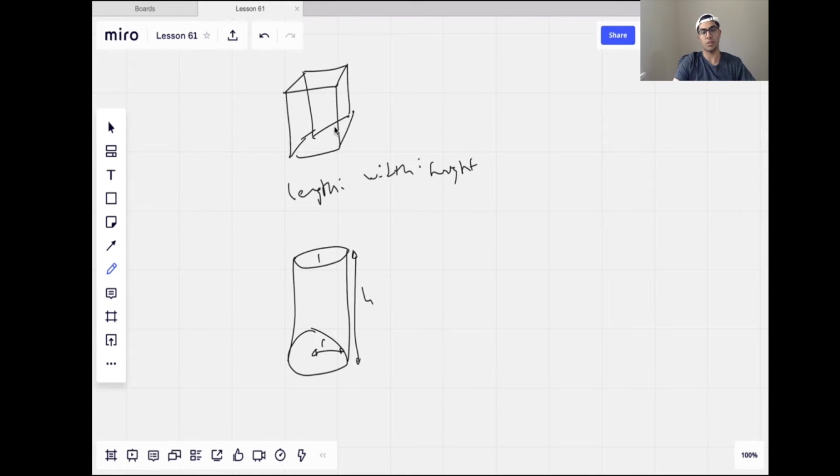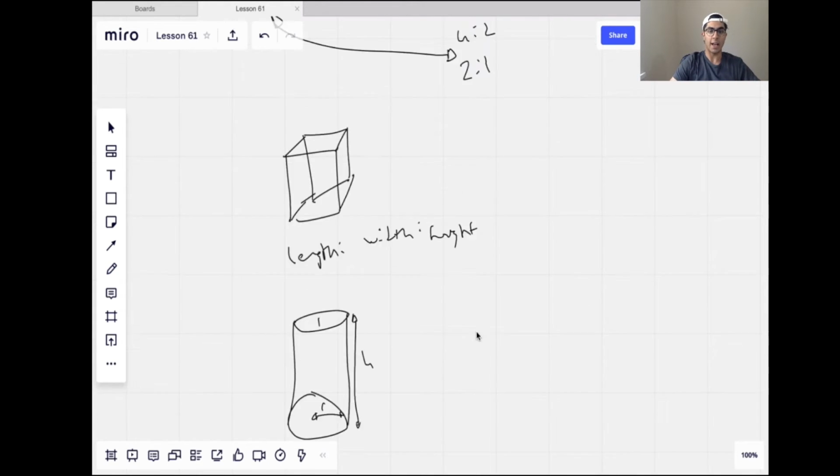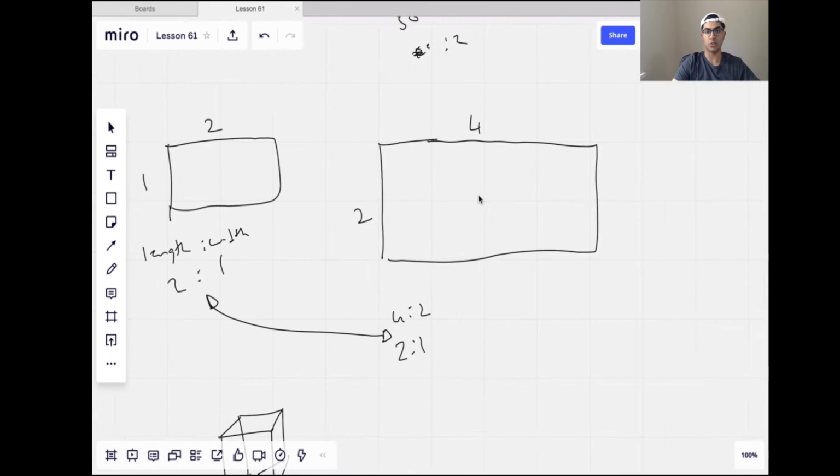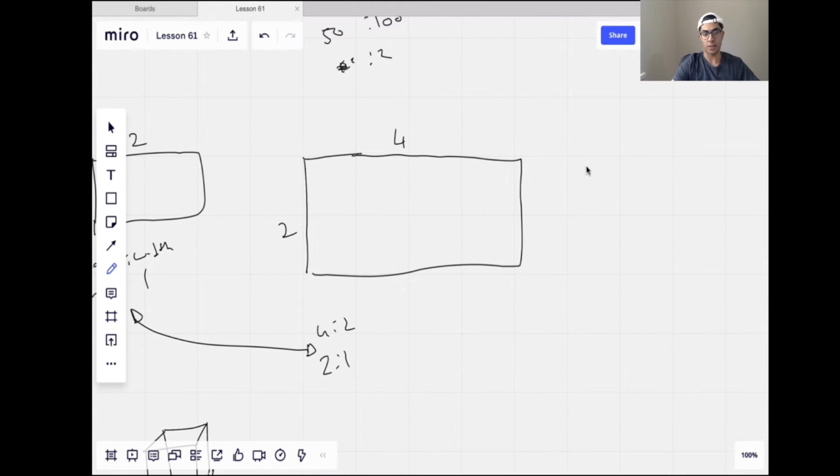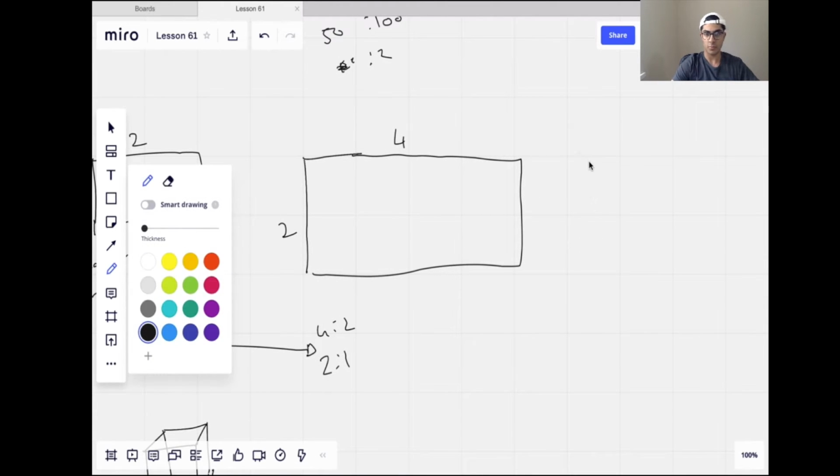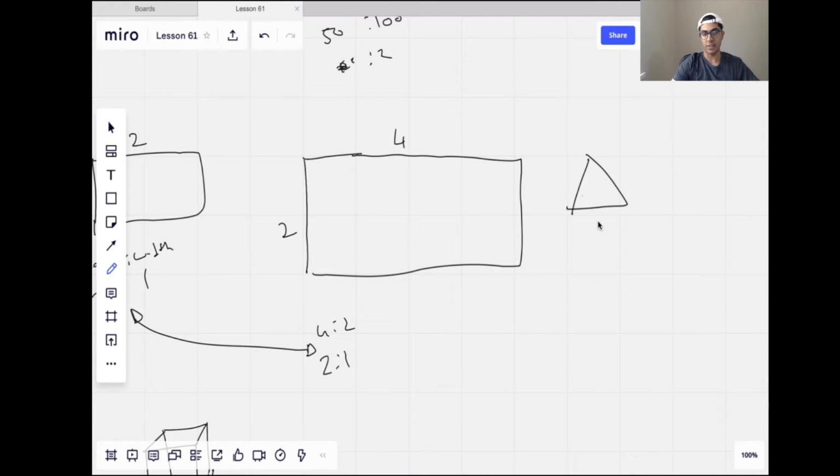So once you have those three, and another object has the same ratio of those important lengths, it's mathematically similar. Same logic with rectangles. And if we had triangles, if the ratio of the three sides was the same, then we could say it's mathematically similar to another triangle.